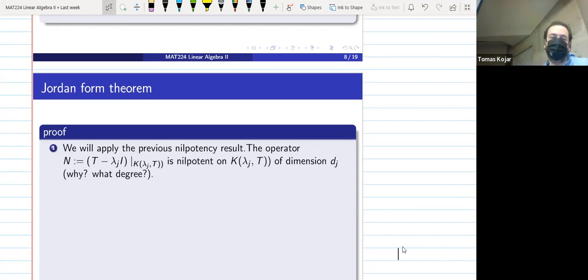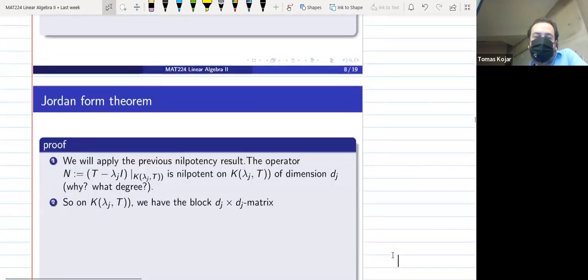When we talked about this a few weeks ago, the maximum you hit is the dimension of the space. So the nilpotency degree is at most d_j, which can also be given by the algebraic multiplicity. We will do some examples to give you quick ways to compute Jordan blocks without having to find the basis, because we don't have time in the test.